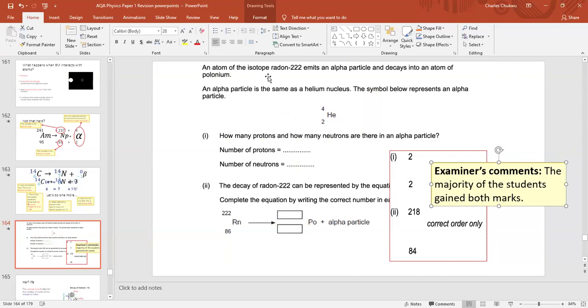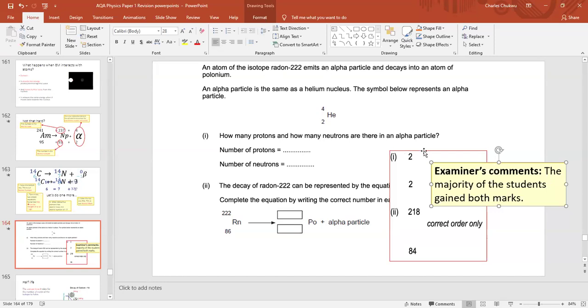An alpha particle is the same as a helium nucleus. Just a reminder. The symbol below represents an alpha particle too. How many protons and how many neutrons are there in an alpha particle? It's like a giveaway, 2 and 2. Number of protons is 2, number of neutrons is 2.